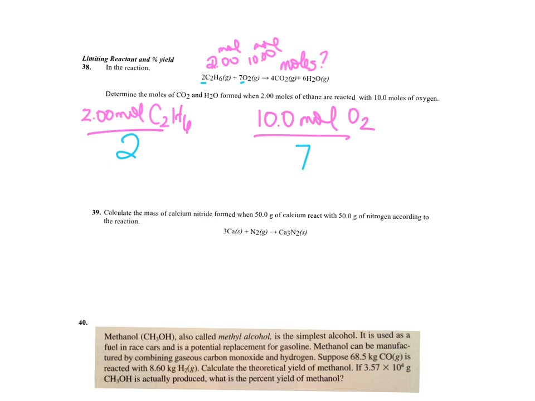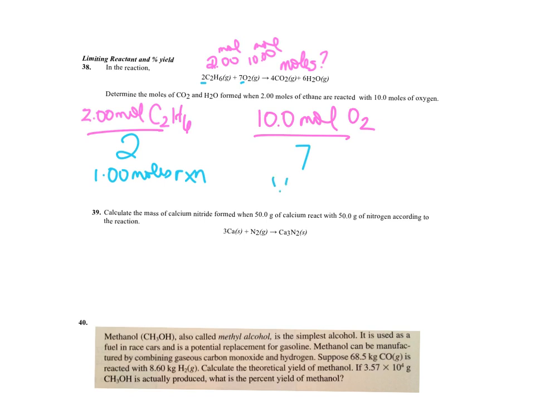And when we do so, we get here a 1.0, and what is that number? That number is moles of reaction. What does that mean? That's how many moles of the reaction can be produced when we utilize 2 moles of ethane. Well, let's go ahead and look at good old oxygen. When we divide that by 7, we get 1.4.